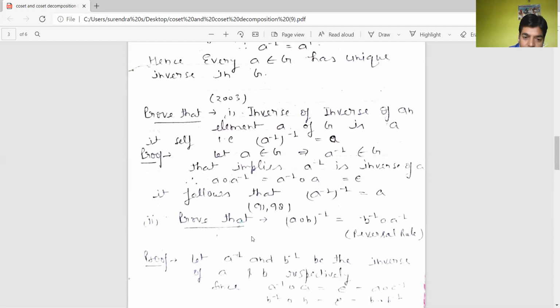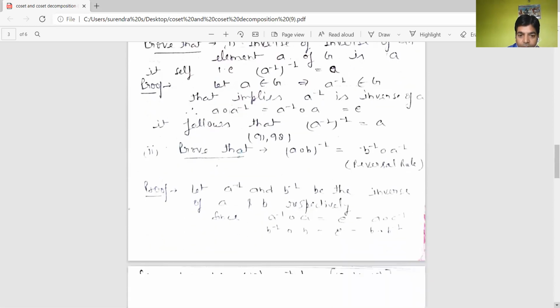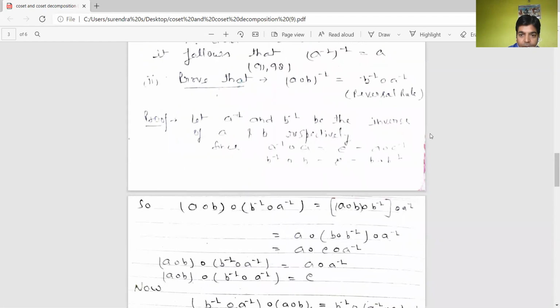Now we will see the reversible law. A operation B, to the whole inverse, is equal to B inverse operation A inverse. This is called the reversible law. For the proof, let A inverse and B inverse be the inverses of A and B respectively.